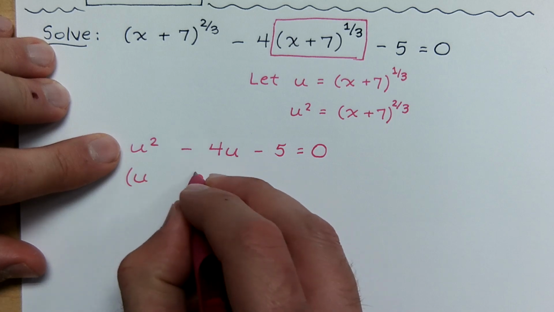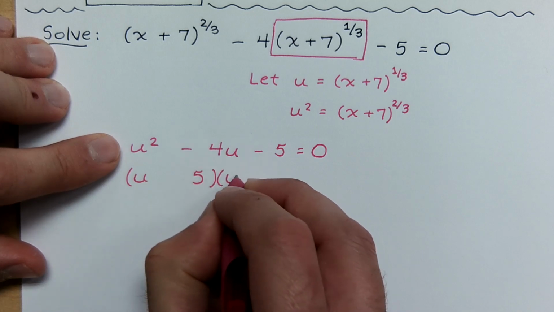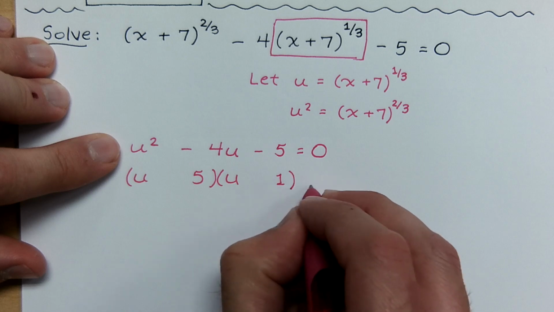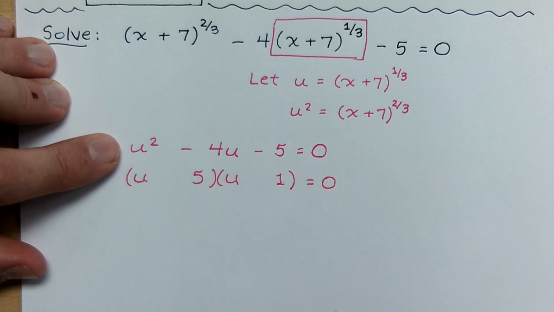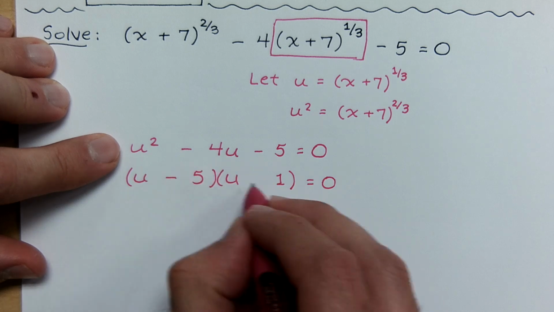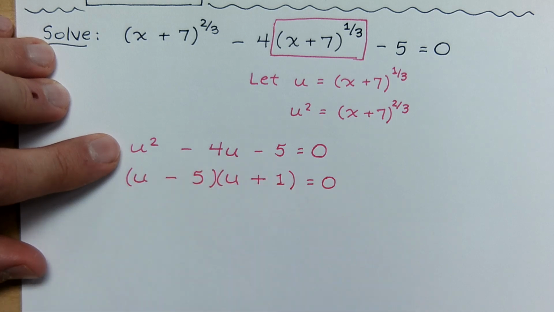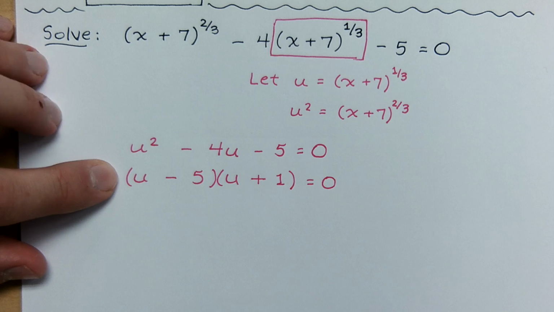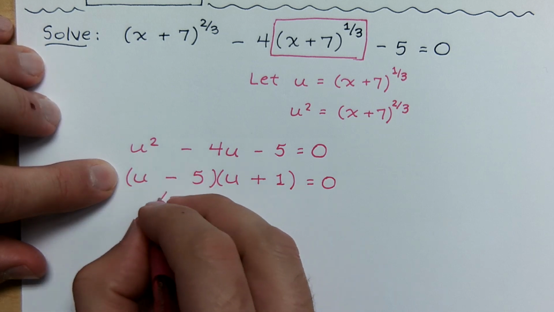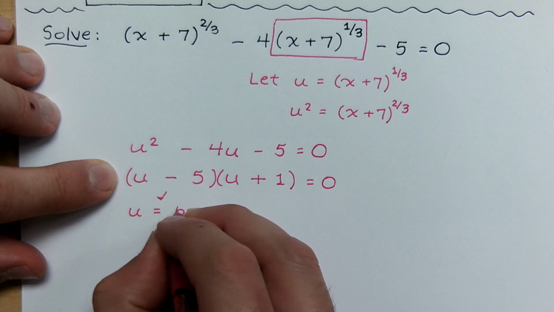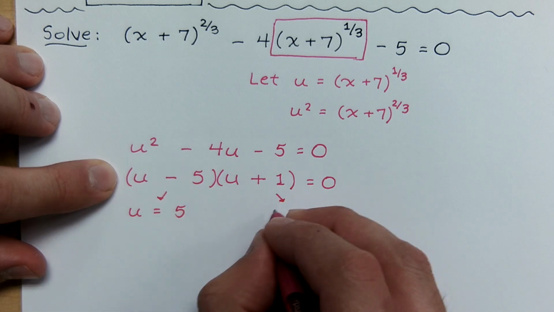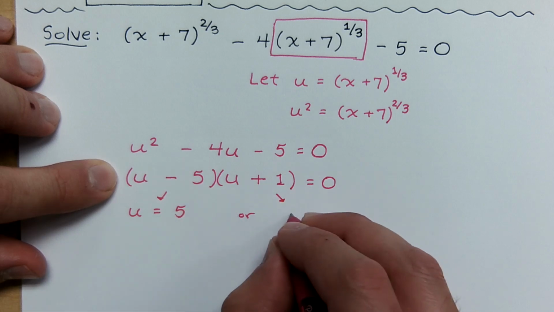So it's going to be 5 and 1. So (u and 5)(u and 1). What are those signs, so that you get a negative 4 when you add and a negative 5 when you multiply? Negative 5 and plus 1. And then from here, you use the zero factor theorem. So what is u? u equals positive 5, or u equals negative 1.